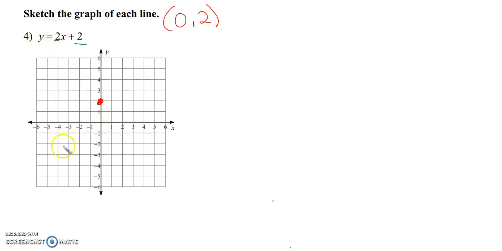So this is a positive slope, so my line is going to be increasing from left to right. So I want to find a point over here. I could go up 2 and over 1. If you wanted to find a point down here, again, instead it would be down 2 over 1. Okay, so all you need are 2 or 3 points, and you've got your line.